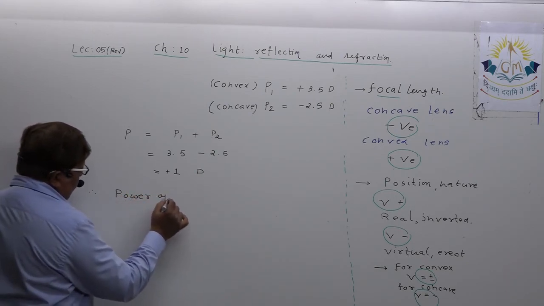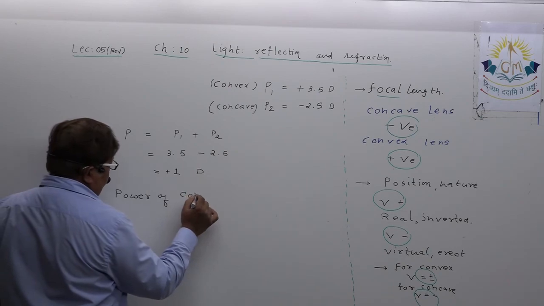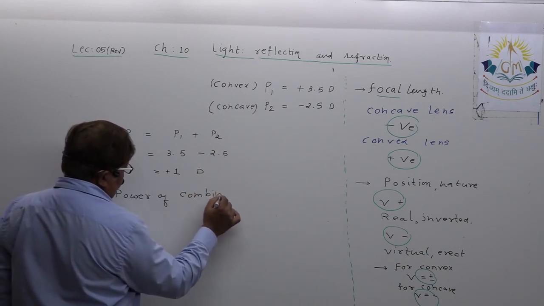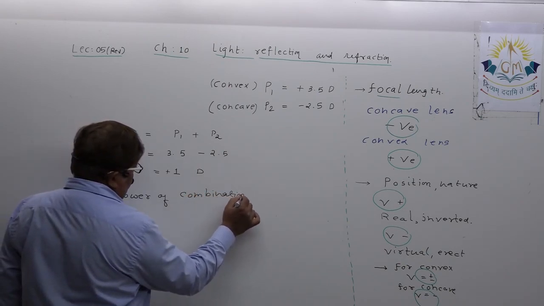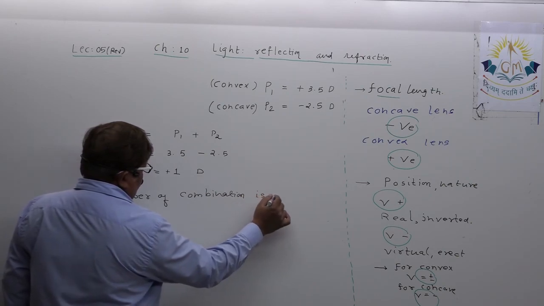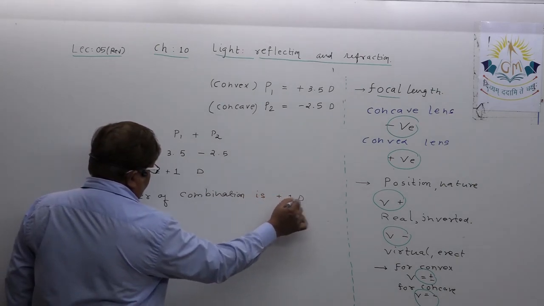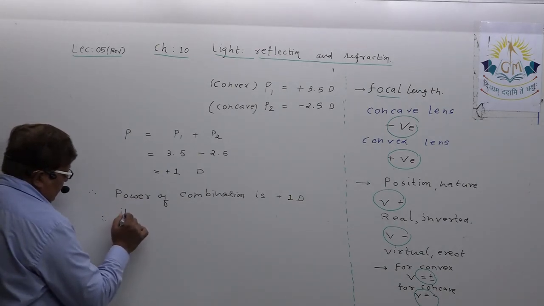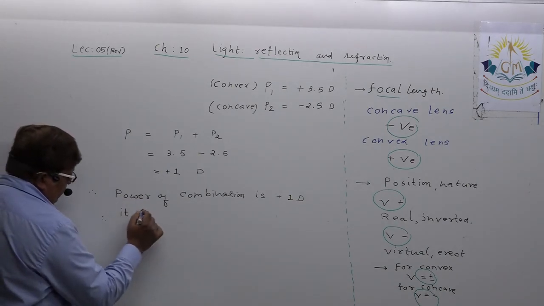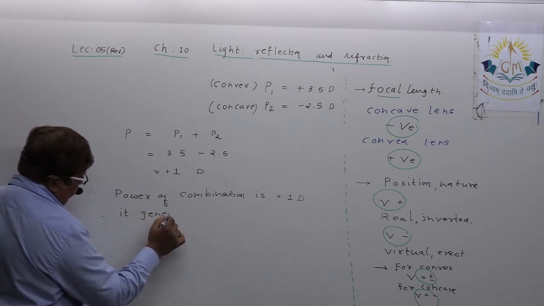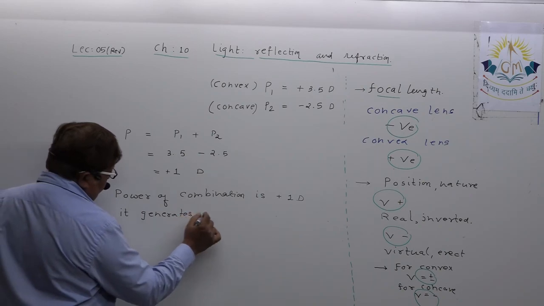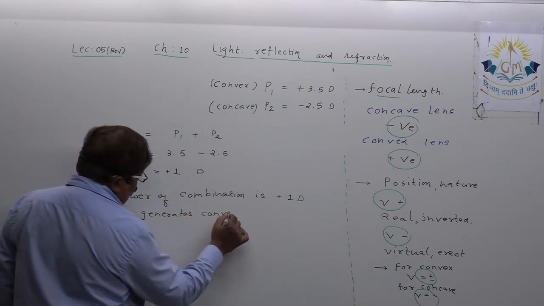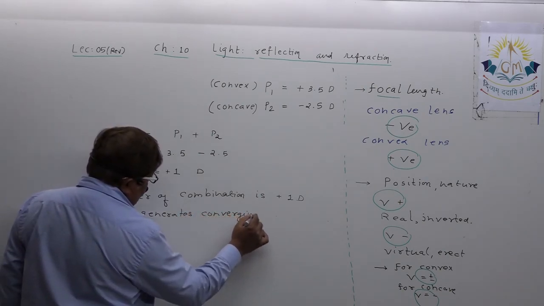So you can write, therefore, the power of the combination is plus 1 diopter, and at the same time you will also write that it generates a converging assembly. Why a converging assembly?